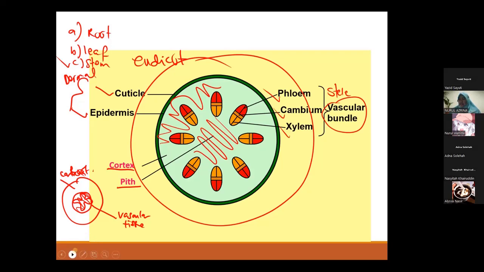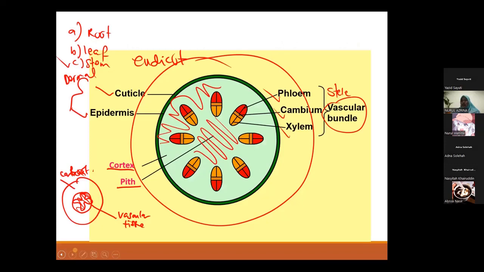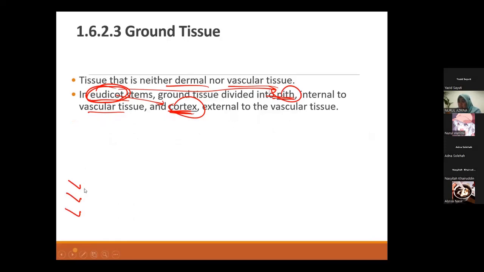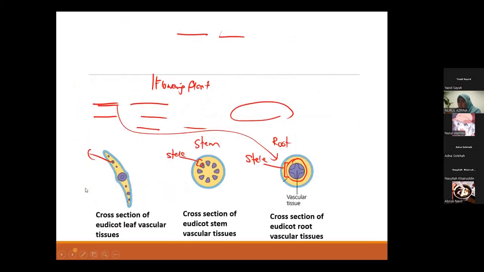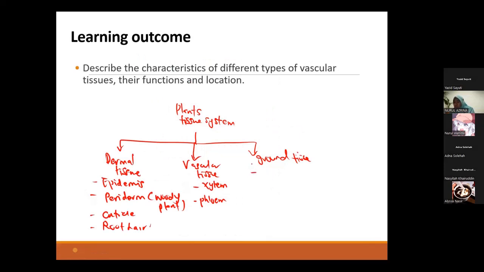Right. Okay, proceed. Next. Remember just now we are discussing about ground tissue, right? Tadi? Okay, so these are the three different types of ground tissue: parenchyma, sclerenchyma, and collenchyma. So if we need to put here, where is the notes just now? Okay, so ground tissue, ada tiga, right?